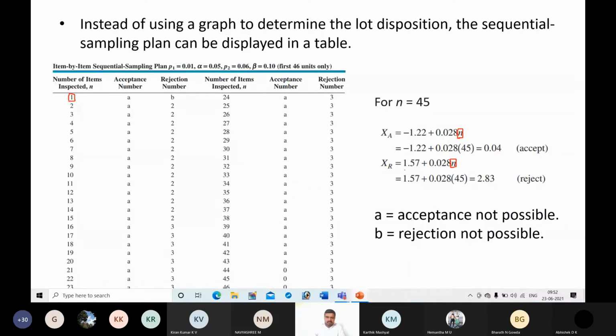Now consider the number of items inspected, that is 1. So for the acceptance number, you will get negative. For the rejection number, if you substitute n as 1, you will get a positive value, 1.598. Even though it is positive, we are writing it as B.